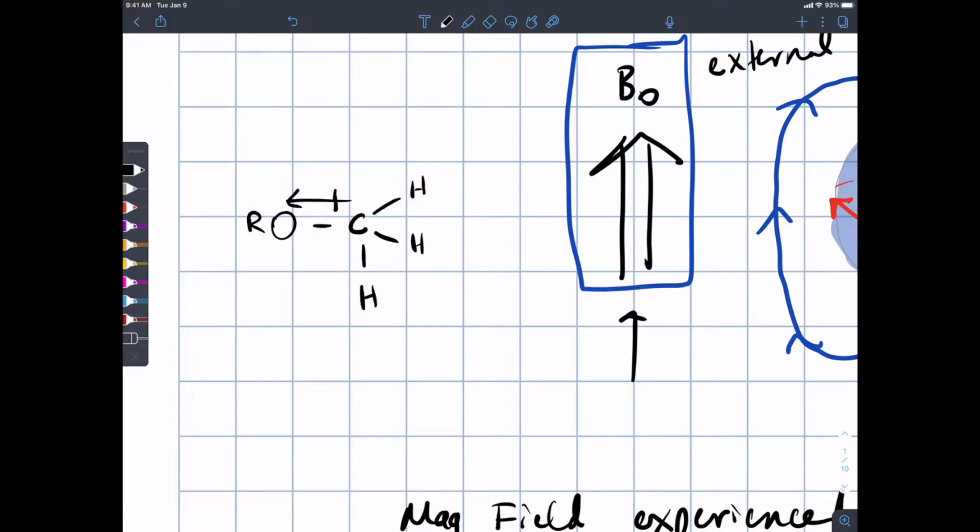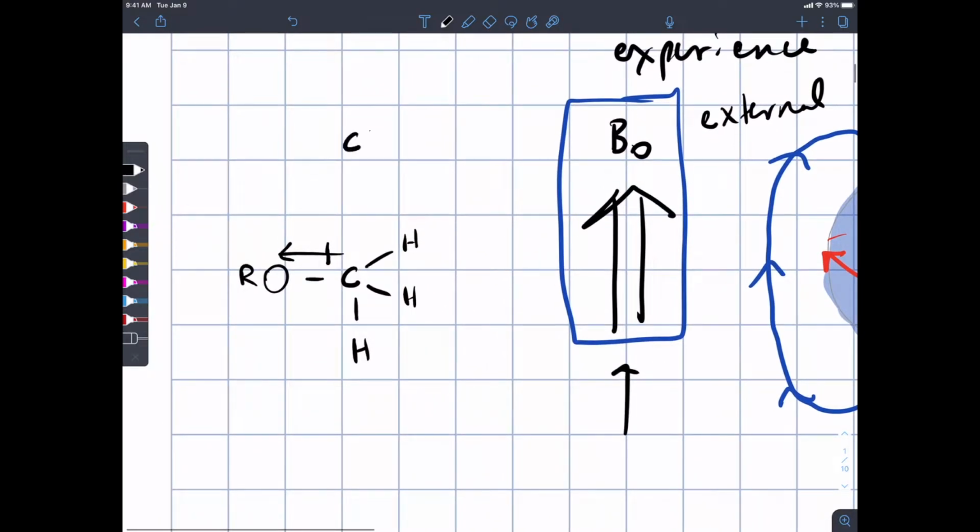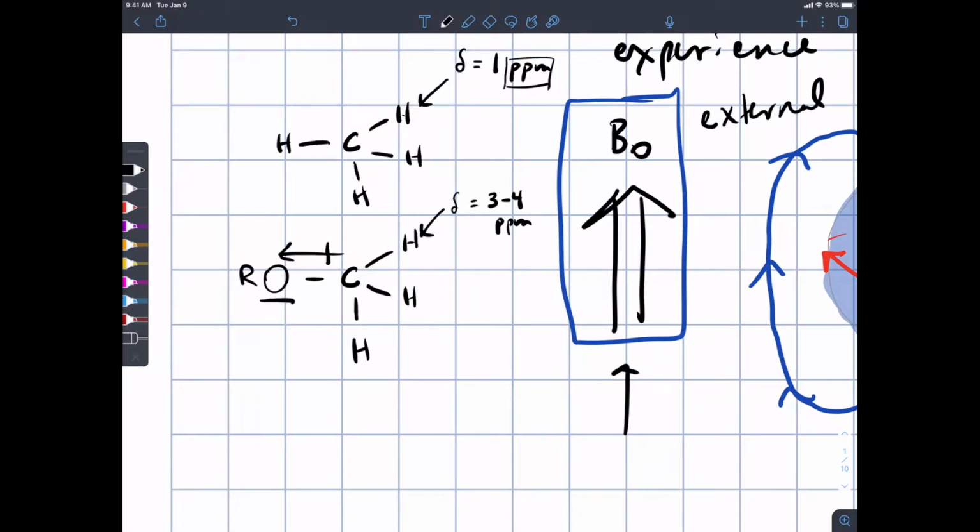So if you compare the following two situations, methane versus some ether or alcohol, the proton here will have a chemical shift of about 1 part per million. That's the units of chemical shift, 1 ppm. You don't need to worry about those particular units, but a proton that's adjacent to an electronegative atom will show up around 3 or 4 ppm.